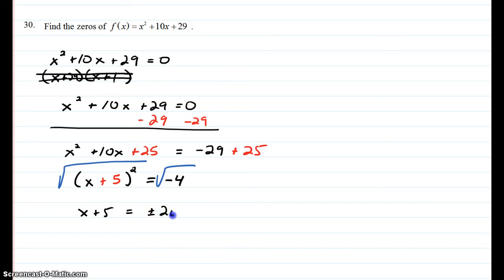So we get plus or minus 2i. Now last step, minus 5 over. And we get x equals negative 5 plus or minus 2i. So these are the zeros for the given function.